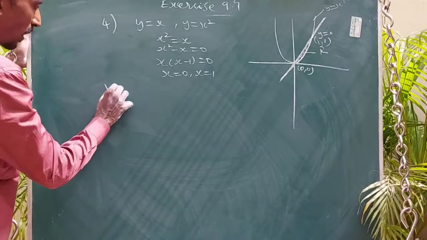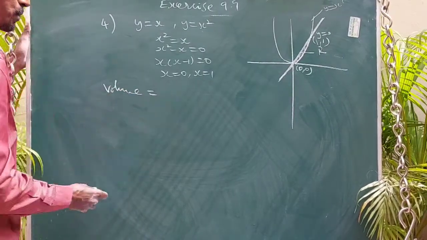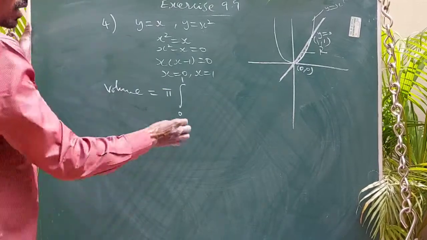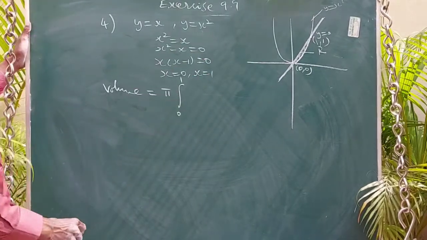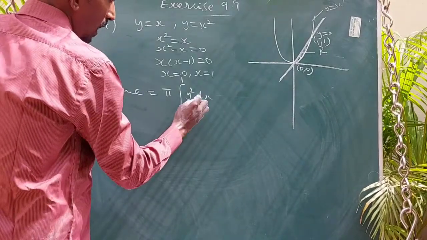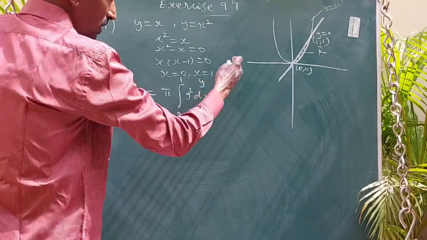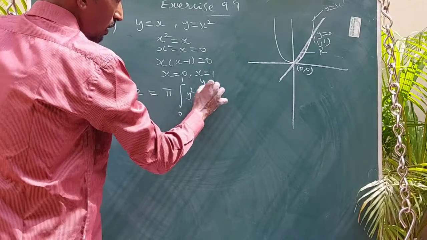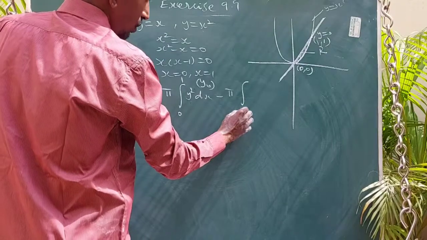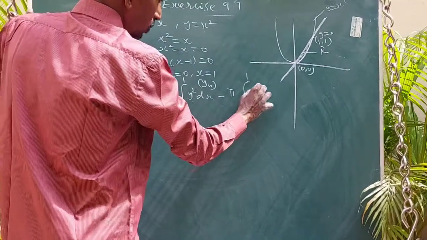So the required volume is pi integral 0 to 1 of y square dx for the straight line, which is the upper one, minus pi integral 0 to 1 of y square dx for the lower one.